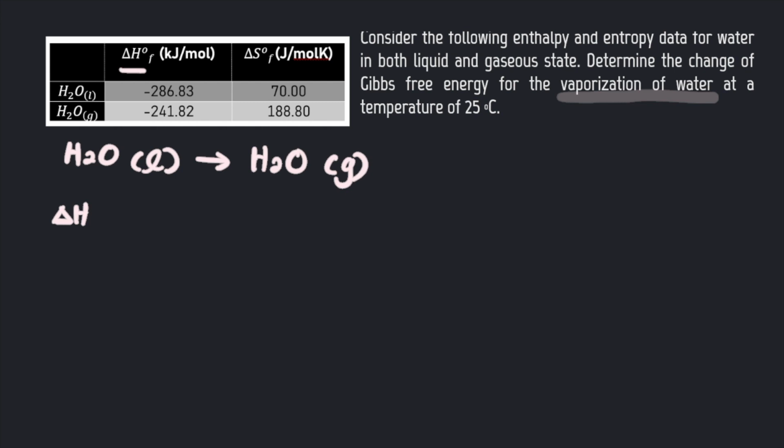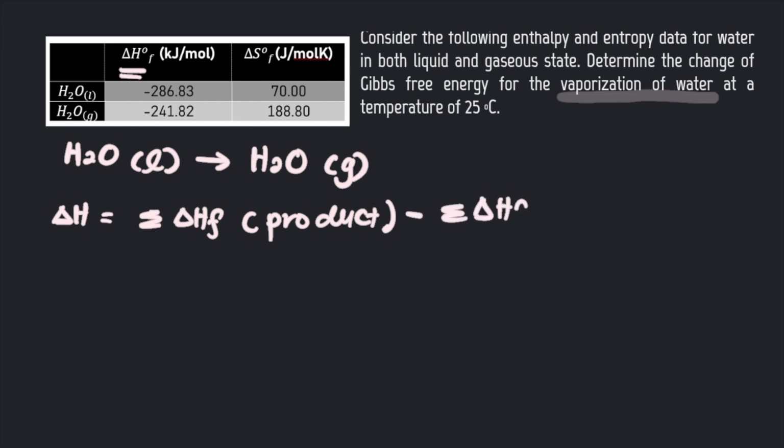So the first thing that you need to do is calculate your delta H. So we are going to look at the value for delta H. So delta H is the summation of delta H formation of product minus the summation of delta H formation of reactant.